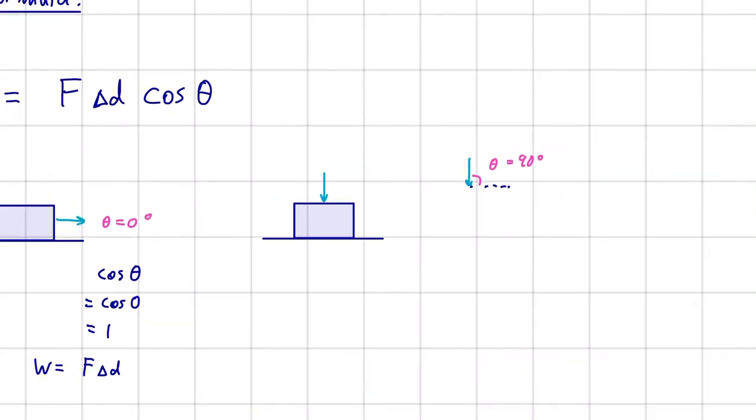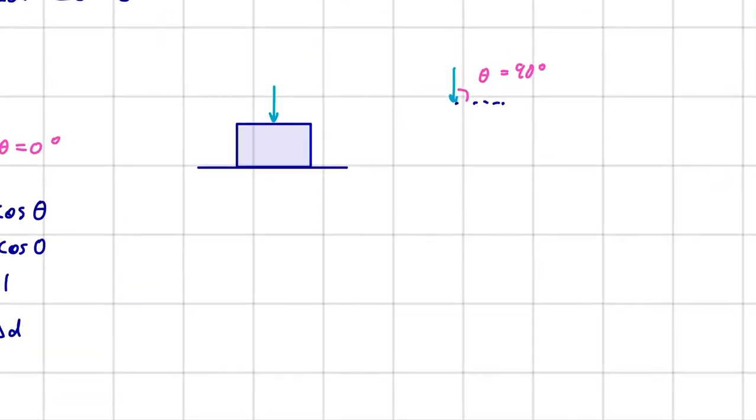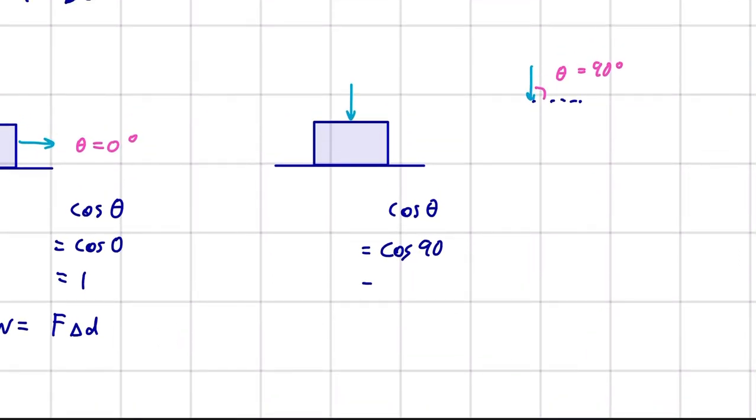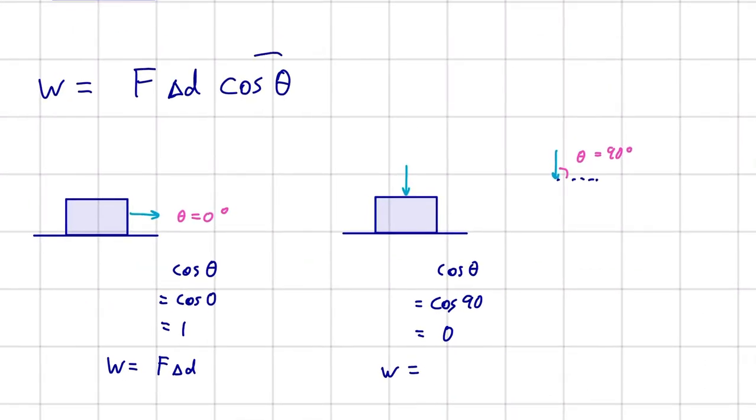So we have a force acting at 90 degrees. And in that case, cos theta is equal to cos 90 is equal to 0. So that tells us that according to this formula, if one term is 0, the work is 0.